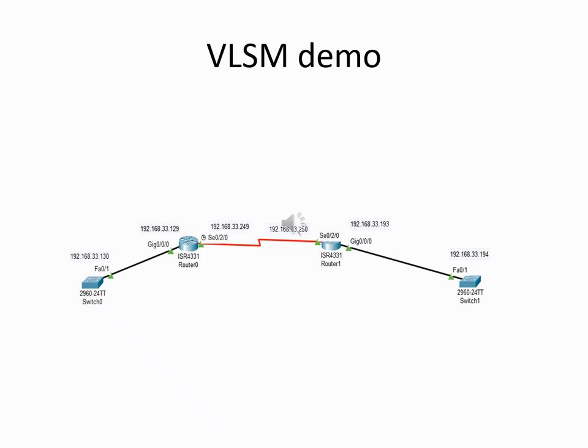And for the switch, I have assigned VLAN 1, and I have also configured the default gateway as this address, which is nothing but 129.